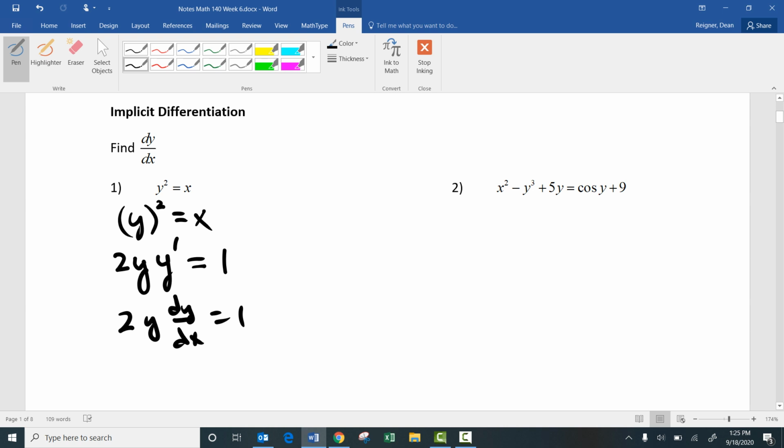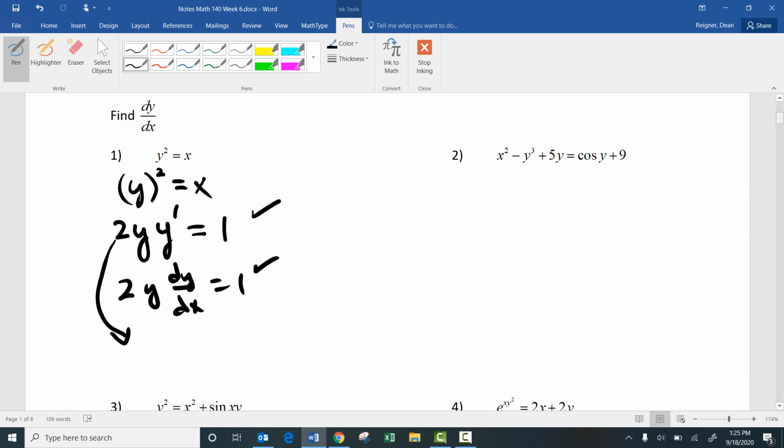So you can write it like this, or like that, because we know dy dx means the same thing as y prime. I usually write y prime. Then to solve for dy dx or y prime, you just do some algebra. In this case, you divide by 2y. So y prime equals 1 over 2y, and you're done.